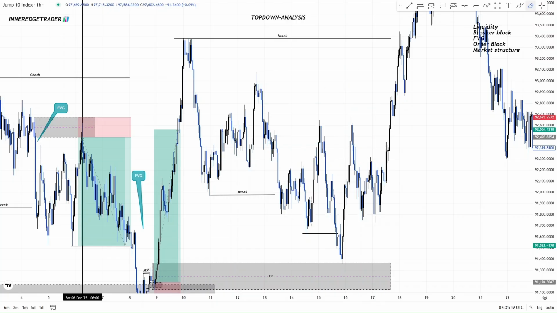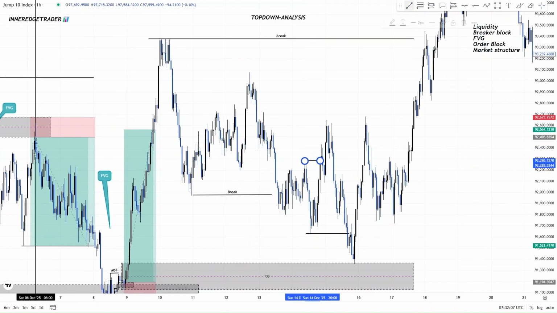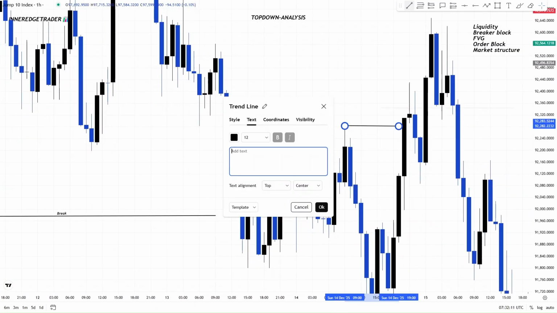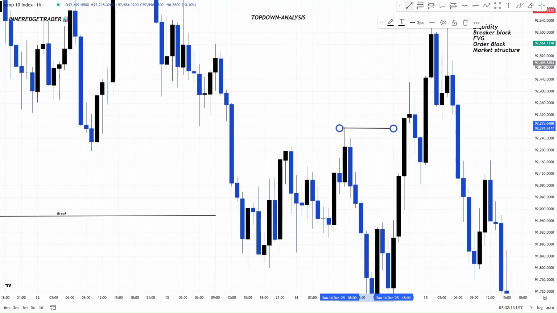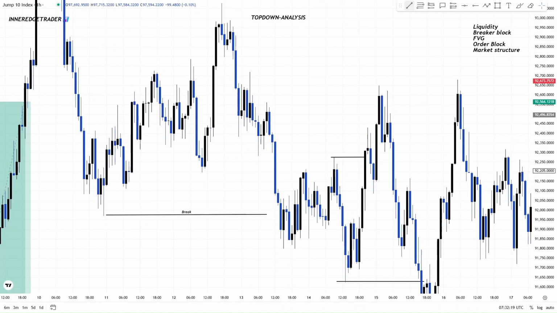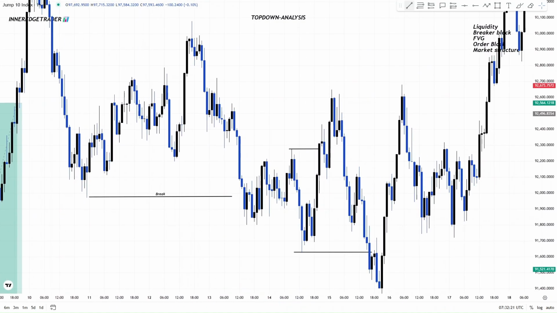You know that even after this, liquidity is being swept, even on the 1 hour time frame. So we know there's liquidity here. What again are we expecting? A retest to the point of interest after the liquidity.